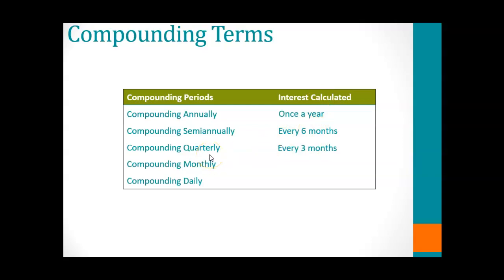Compounding quarterly, we're going to calculate interest every 3 months or 4 times a year. If you're compounding monthly, calculate interest every month or 12 times a year. If it's compounding daily, we're going to calculate interest every day or 365 times for a full year.